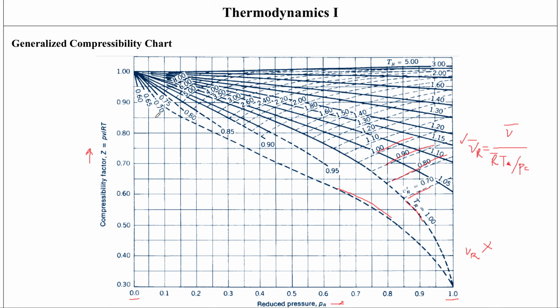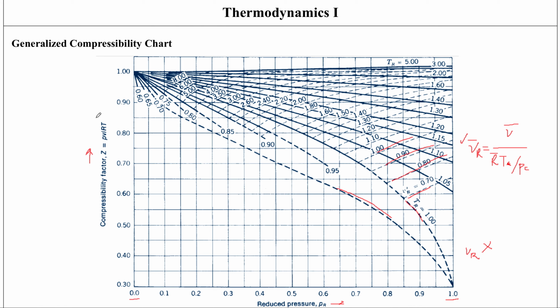It's just that this gives us a chance to work things in a simpler way. It's accurate, it's simpler. All you have to do is work out reduced pressure, reduced volume, look at the chart, find out where it is, find out the compressibility factor, and work out, let's say, the specific volume or whatever you need to work out. So that is the only reason.